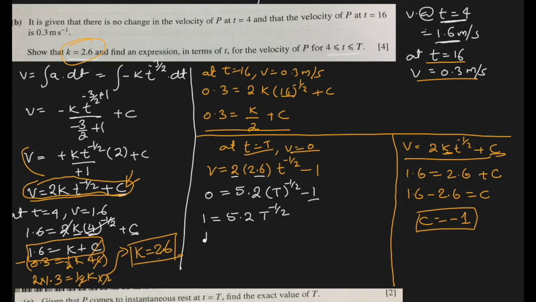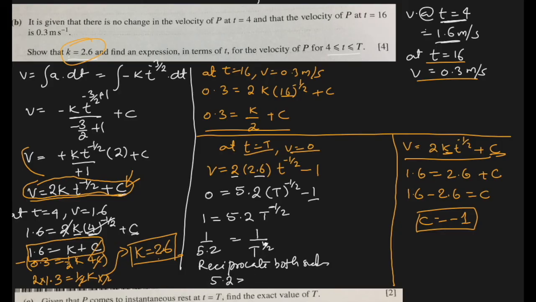Let's cross multiply. So 1 over 5.2. This is a numerator, it becomes a denominator on the other side. And to make this negative positive, this will also become a denominator. And both are reciprocals, so reciprocate both sides. What do they give me?